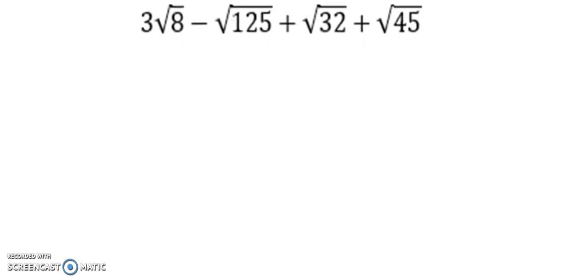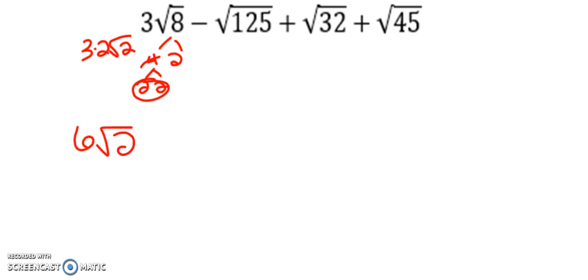Example 4. We need to break down all of these. None of them are in simplest form. So if I start with the 8, I have 3 times 2 times the square root of 2, which becomes 6 square root of 2. If I break down 125, I have 25 and 5.